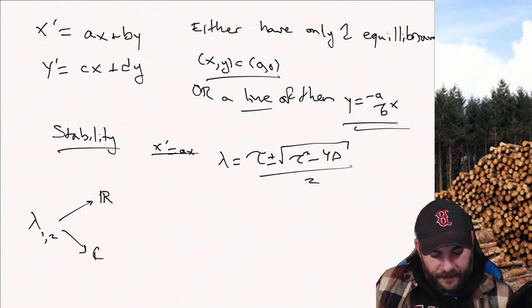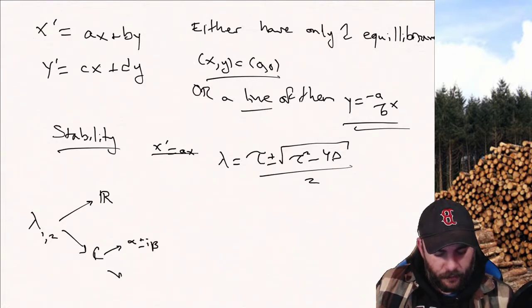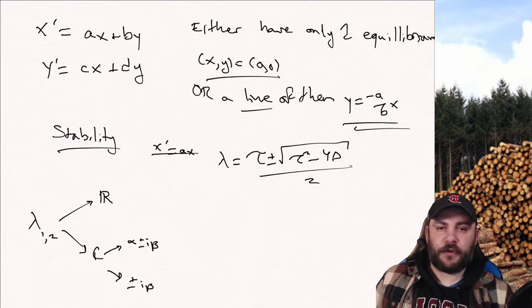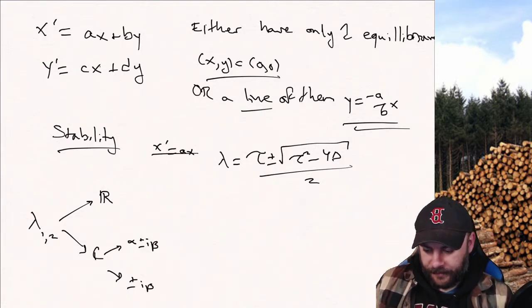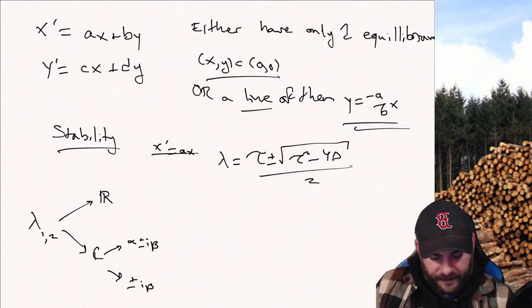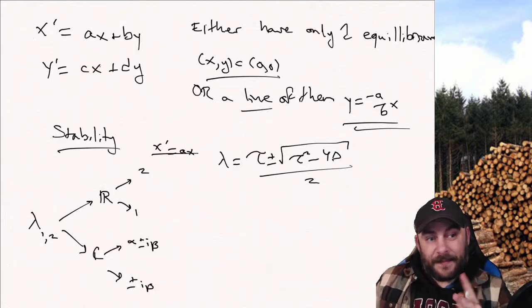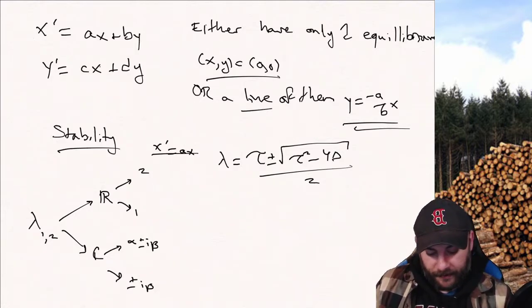If they're complex valued, they're either alpha plus or minus i beta, or plus or minus i beta. So they're either complex with a real part or purely imaginary. If they're real, we either have 2 of them or one of them that's repeated, and those need to be handled separately if we remember correctly.